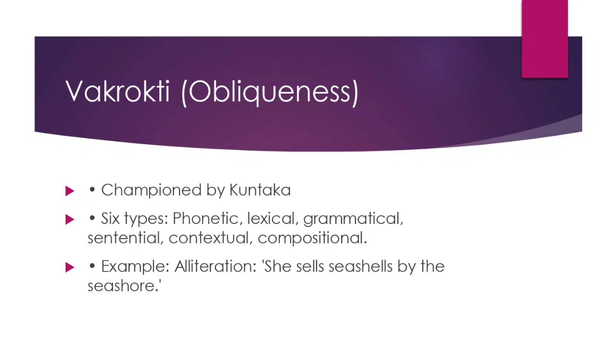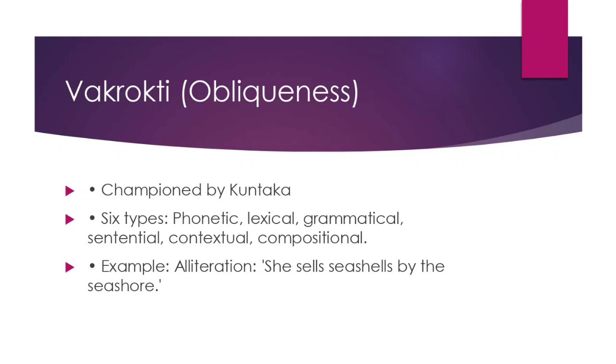The next is contextual Vakrokti, which is applied in content. So unique presentation of ideas or themes is used in content Vakrokti. So for example, using indirect storytelling to reveal a character's motive comes under the contextual meaning or Vakrokti, which is applied through some contextual meaning.